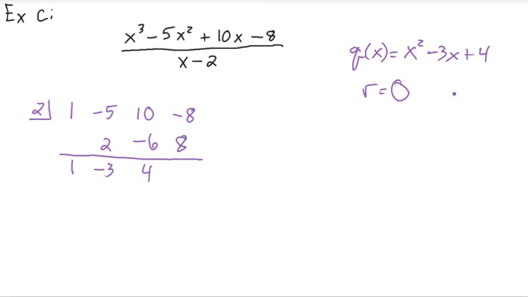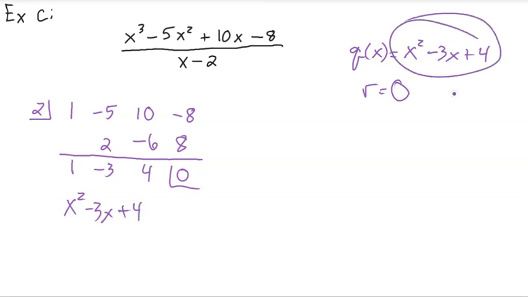And 8 plus negative 8 is 0. And you can see our remainder is 0. Our original was the third power, so now this is going to become 1x squared minus 3x plus 4. And look over here, that's exactly what we had. And that's how we use synthetic division.